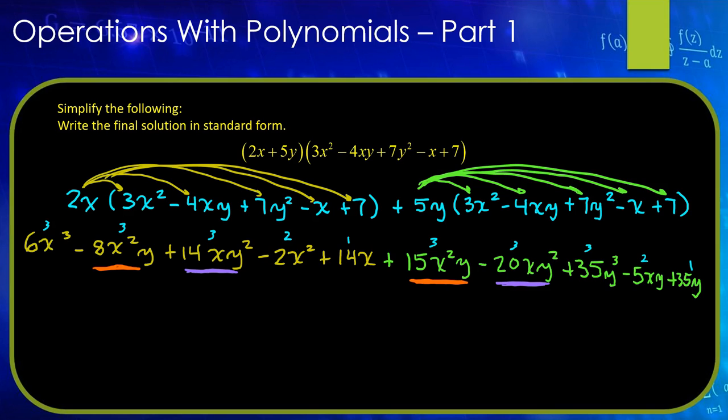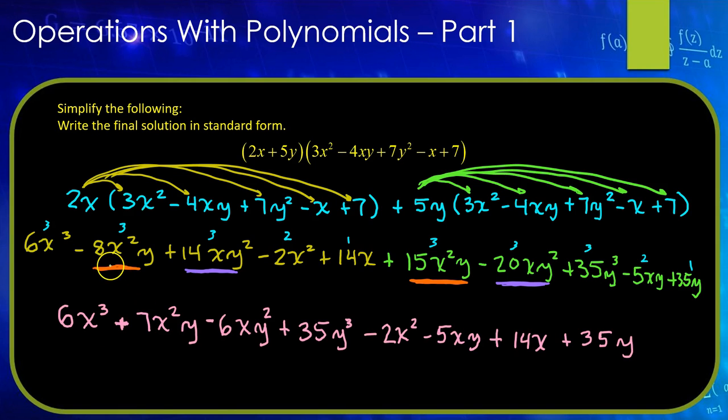in this instance, together. So degree 3s, you're going to see that I'm going to have the 6x cubed, the minus 8x squared y, and the plus 15x squared y is going to give me a positive 7x squared y. The 14xy squared minus the 20xy squared is going to give me a minus 6xy squared.